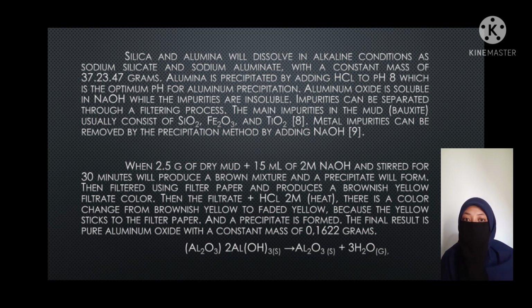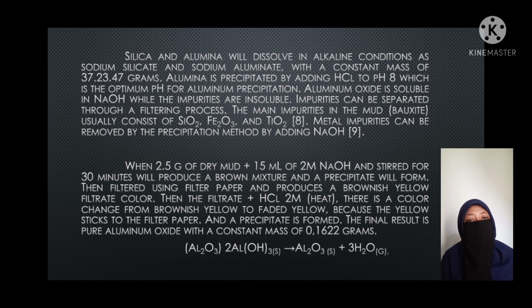When 2.5 grams of red mud plus 50 ml of 2M NaOH is stirred for 30 minutes, it will produce a brown mixture and a precipitate will form, filtered using filter paper to produce a brownish yellow filtrate color.